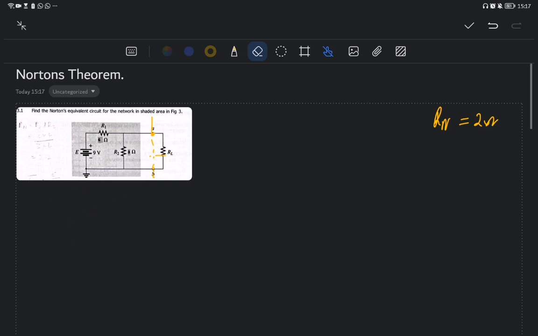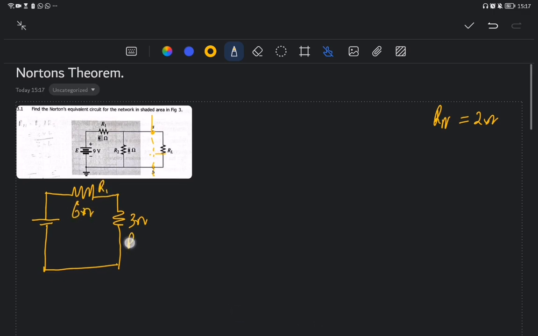Now we must redraw the circuit which has a voltage source, that voltage there, that resistance there, and also here. That is a 3 ohm resistor, and a 6 ohm resistor, that is R1 and that is R2, and we have this part here.